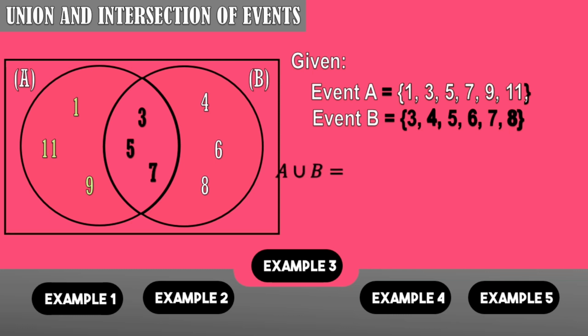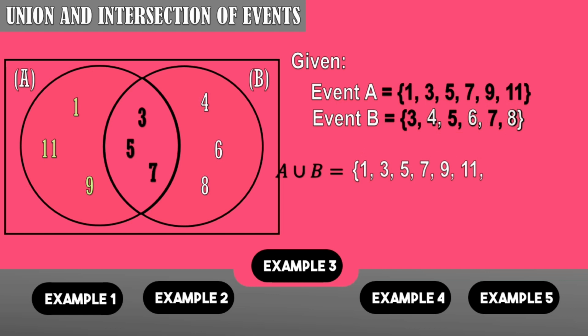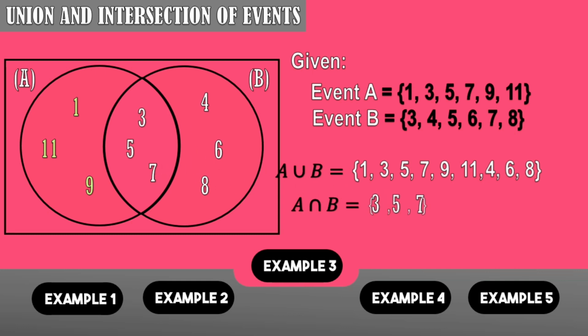Getting all the elements in event A and only 4, 6, 8 will be added from event B since they were already written. Therefore, A union B is the set of all elements 1, 3, 5, 7, 9, 11, 4, 6, 8. While intersection of A and B is equal to the set of all elements 3, 5, 7.